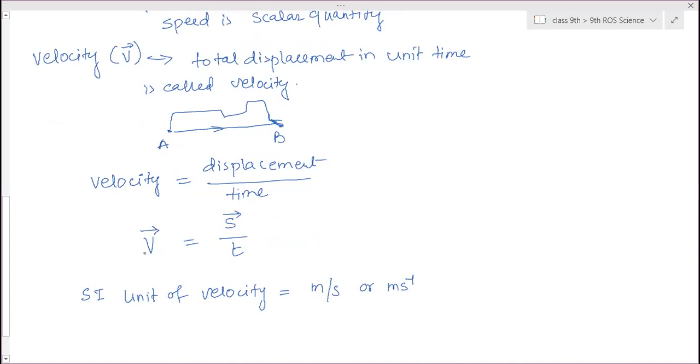Velocity is the ratio of displacement and time. Displacement is a vector quantity, and velocity is dependent on displacement, so velocity is also a vector quantity. It is dependent on direction.